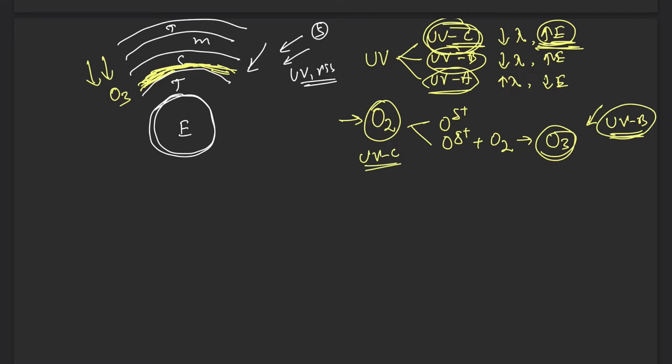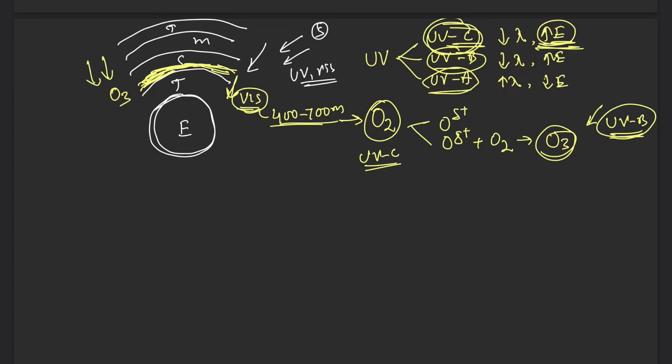So it ultimately protects our troposphere or our biosphere from UV radiations. So ultimately the visible radiation, having a wavelength of 400 to 700 nanometers, enters the atmosphere. So what happens to this visible radiation?